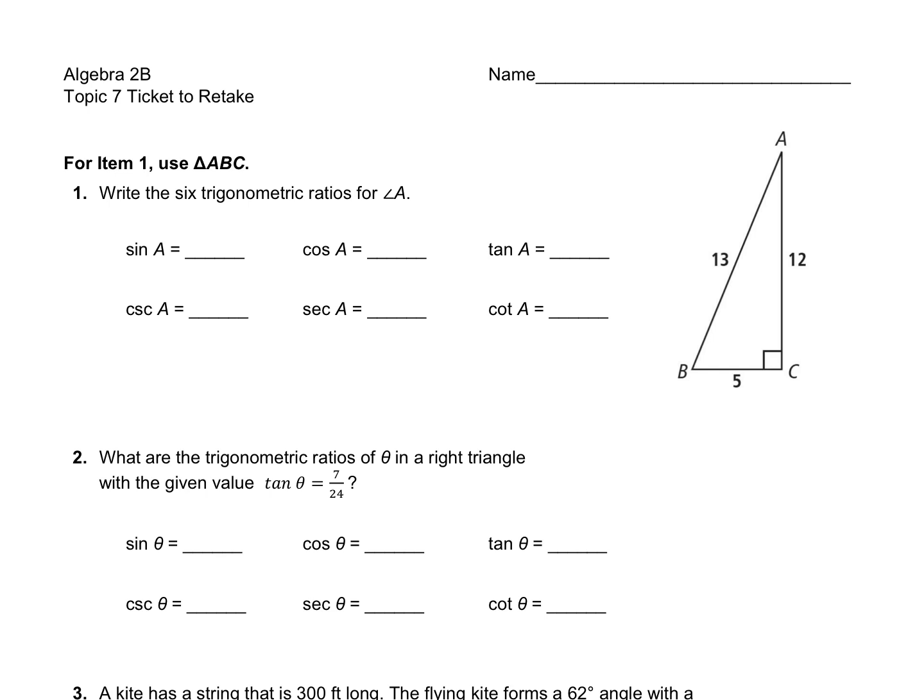All right, so number one, it says to use triangle ABC. Over here, what we have is a right triangle, and we are given all three sides of this right triangle. If we were missing a side, so for example, if we didn't have, let's say, this bottom side right there, and we had to find our trig ratios, sine, cosine, tangent, and then our other three, the cosecant, secant, and cotangent, we would need to know what this third side is right here.